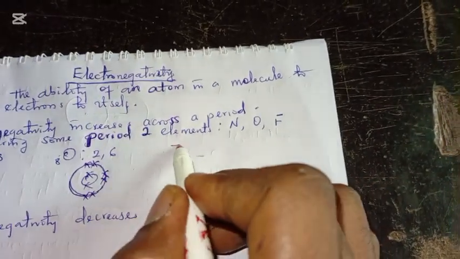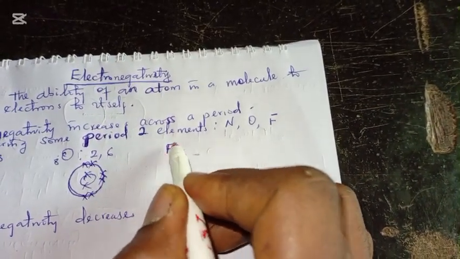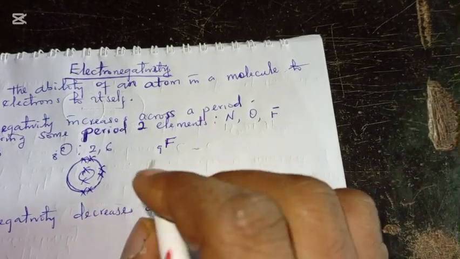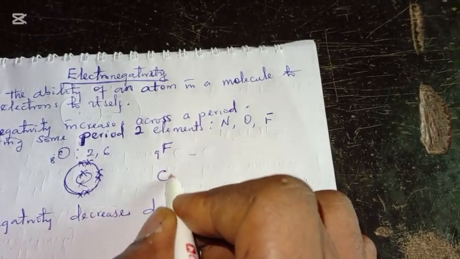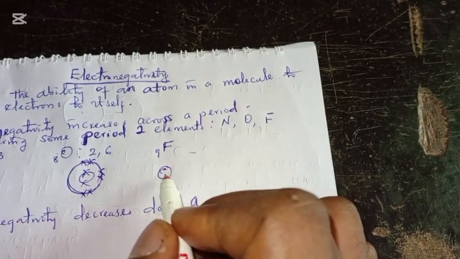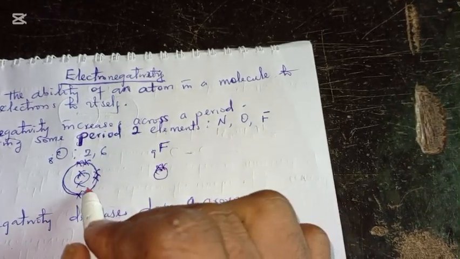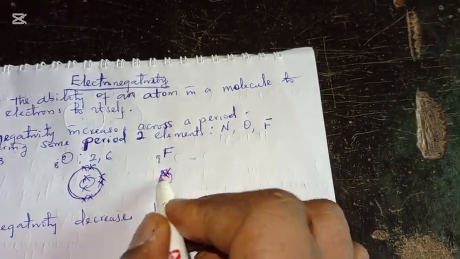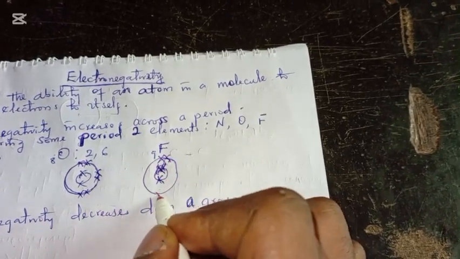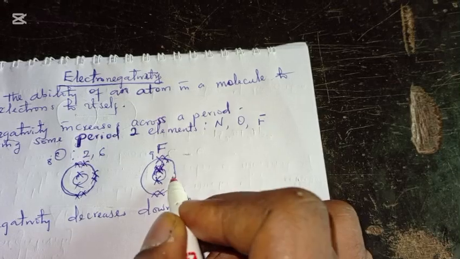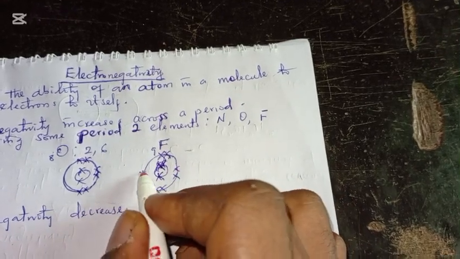Now the last one there, which is fluorine, has atomic number of 9. On that note, we are going to have still the same number of shells: 2 in the first shell, and in the second shell, we have 1, 2, 3, 4, 5, 6, and 7.